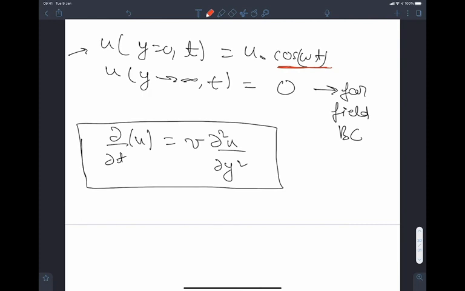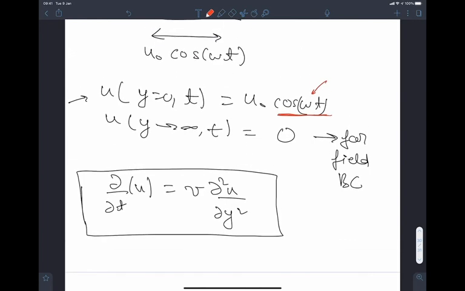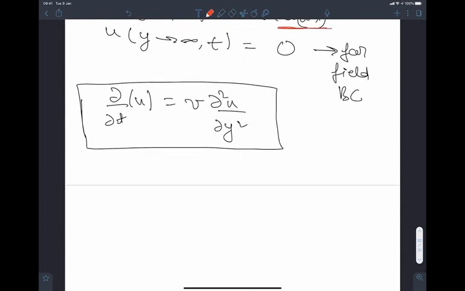So in a steady state, the flow variables must have a periodicity which is equal to the boundary condition periodicity. So if the plate moves with a frequency omega, then so should the velocity profile inside in the bulk of the liquid, which means that we can use a complex guess for our solution.